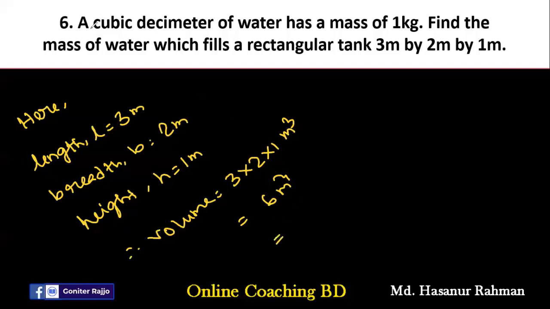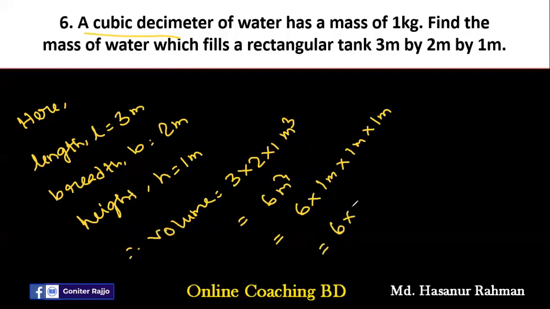But the question gave you 1 cubic decimeter. That means we have to convert this meter cube into decimeter cube. How can we convert? 6 meter cube means 6 multiplied by 1 meter multiplied by 1 meter multiplied by 1 meter. And we know that 1 meter equal to 10 decimeter.